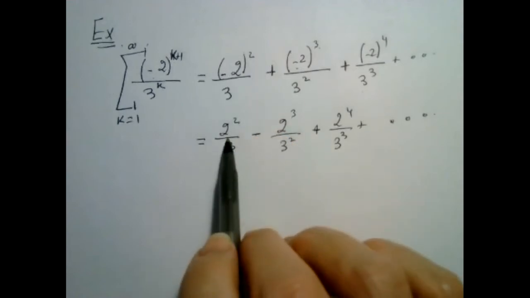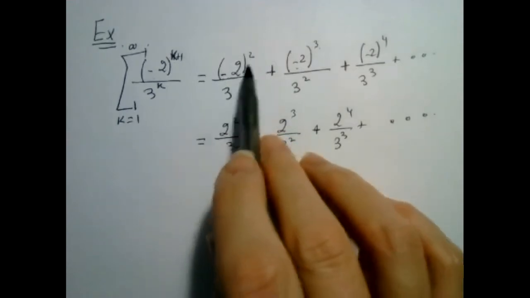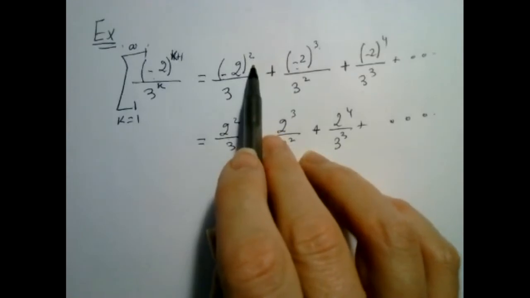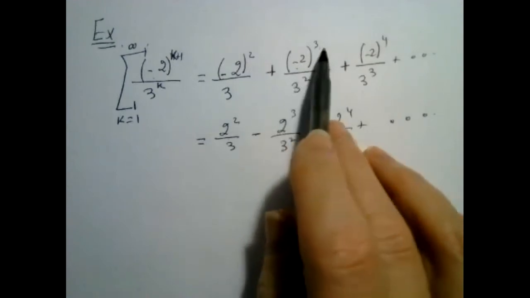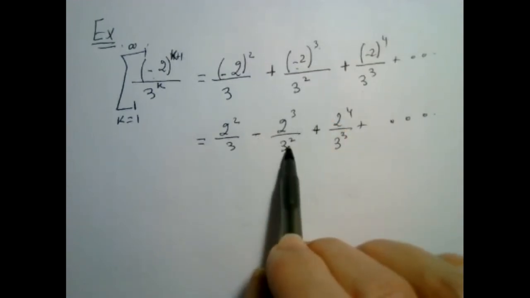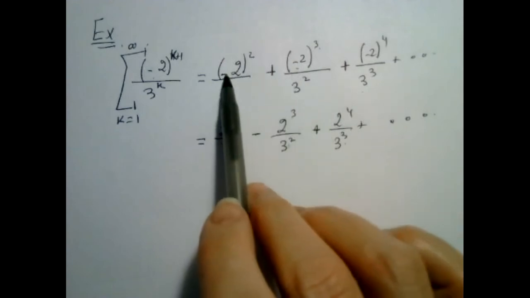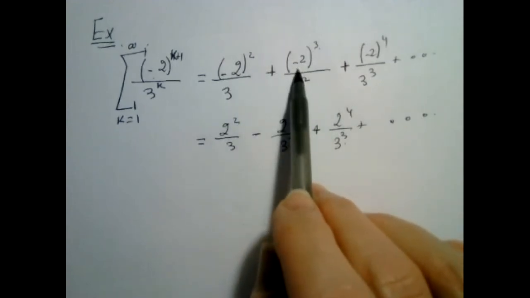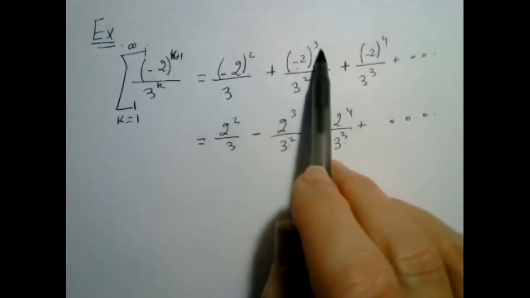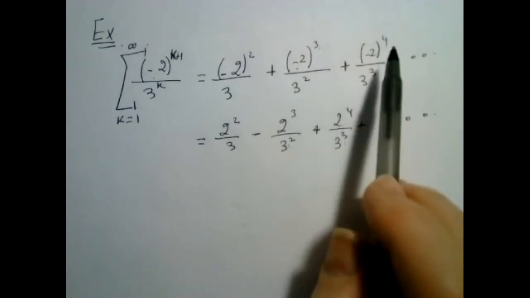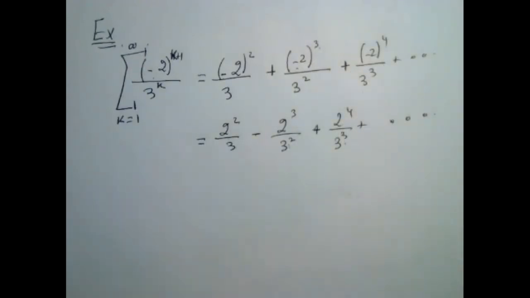Yes. (-2) squared is the same thing as 2 squared, because minus squared is a positive. (-2) to the power 3 is negative 2 to the 3, then positive 2 to the 4. Are you getting it? Okay. Yes, minus to the power 3 gives me negative, positive, and so on and so forth.